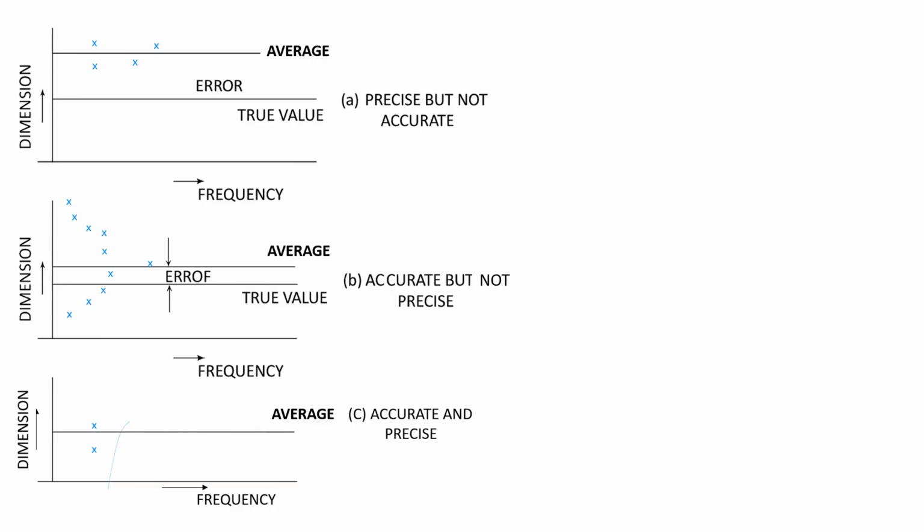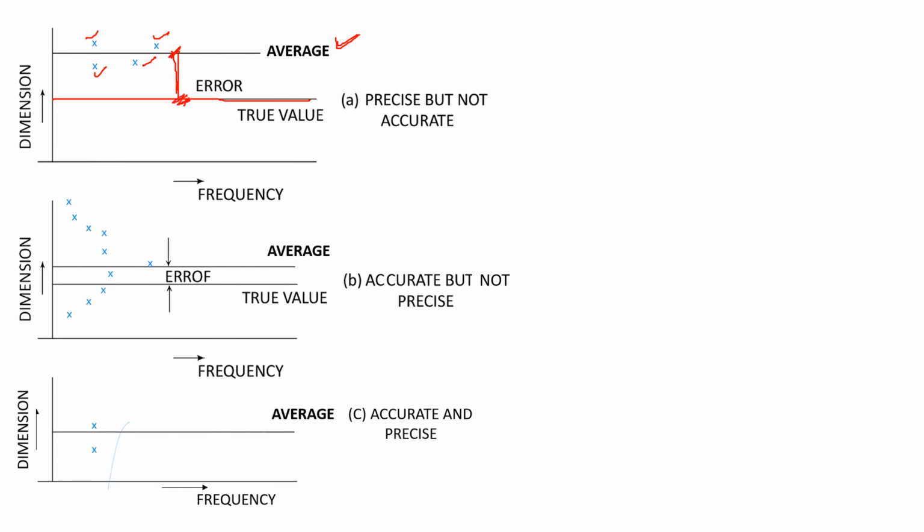So these are the differences between accuracy and precision. And this is the schematic representation of precision and accuracy for repeated measurements. First, observe figure A. Here we conducted 4 measurements, this is the average value of these 4 measurements, and this is the true value. This is the error, the difference between the average value and the true value.